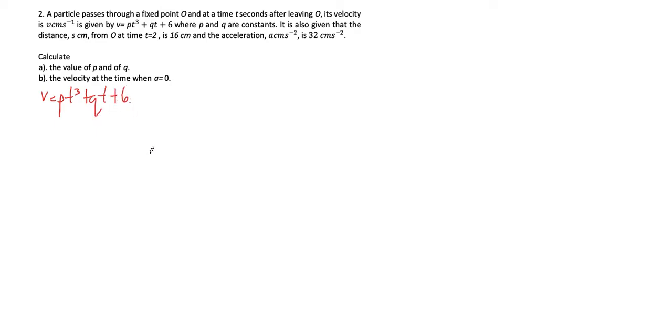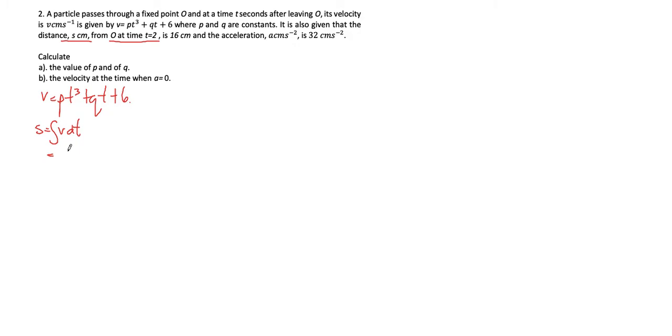Okay, first thing first. It is given that the s cm from O, so I have to find what is s. s is distance or displacement. So displacement is basically integrating v dt.